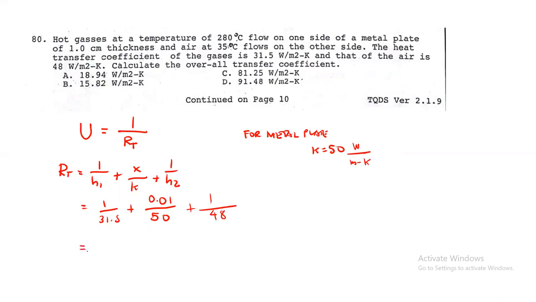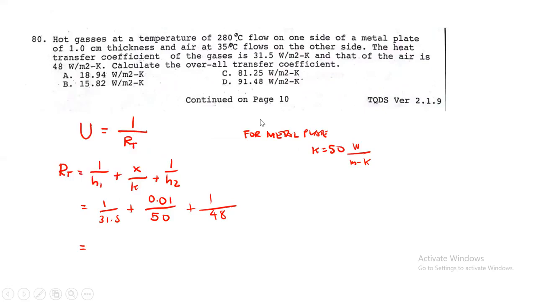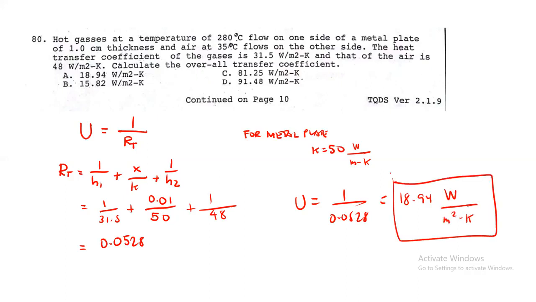So ilan yan? 1/31.5 plus 0.01/50 plus 1/48. So 0.0528. So makuha natin yung U is equals to 1/0.0528 is equal to 18.94 watt per meter squared Kelvin. So yan na yung sagot, guys. So dapat kabisado natin tong 50 watts per meter Kelvin na K ng metal plate.